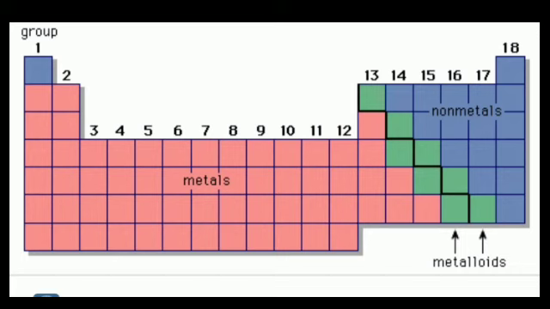A metal atom has a tendency to form a cation by losing its valence electrons, and this property is called the electropositivity of an element. On the other hand, an atom of a non-metal has a tendency to form an anion by accepting electrons from outside into its valence shell. We have already seen that ions have the stable electronic configuration of noble gases.